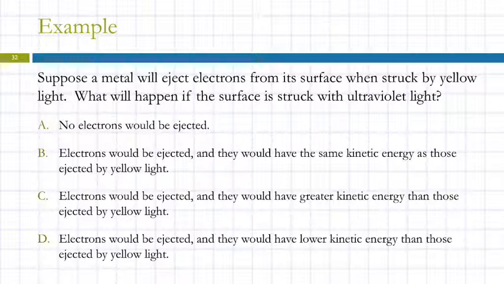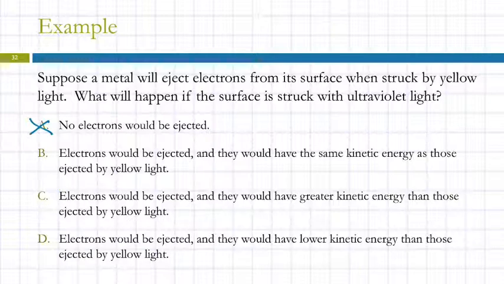So ultraviolet is more energy than yellow light. The yellow light has enough energy to eject electrons. So if we're sending in particles with more energy, are we going to get no electrons ejected? No. Electrons would be ejected and they would have the same kinetic energy as those ejected by yellow light.